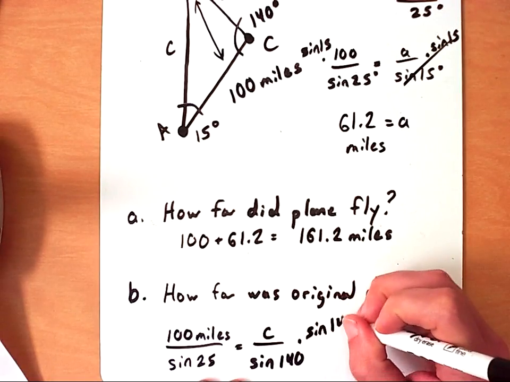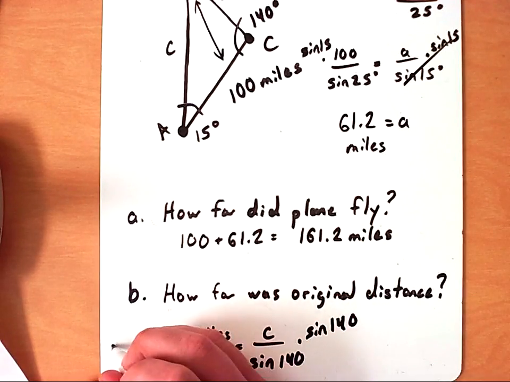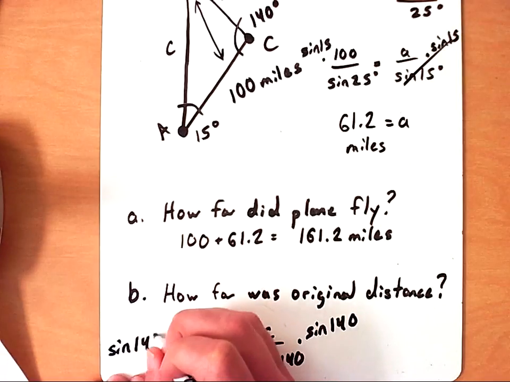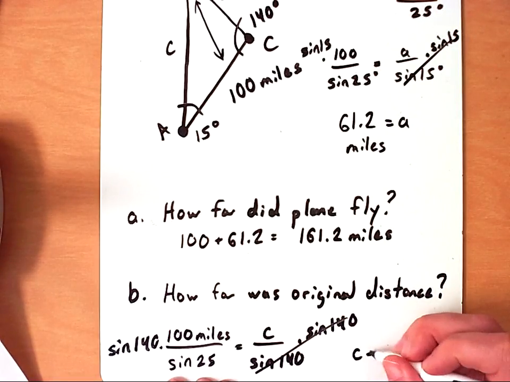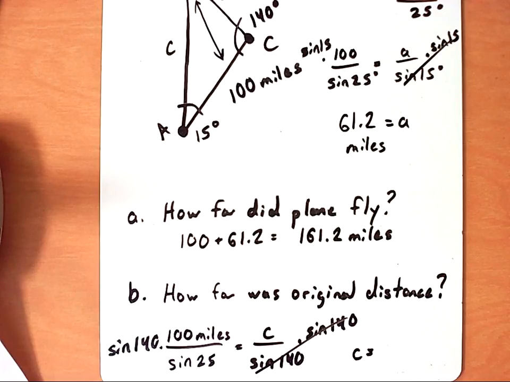All right, so again, to solve, I need to multiply this side by the sine of 140. I need to multiply this side by the sine of 140. Over here, these are going to cancel out, and I'm just left with c on my right side. On the left side, I would take 100, divide it by the sine of 25, and multiply it times the sine of 140.